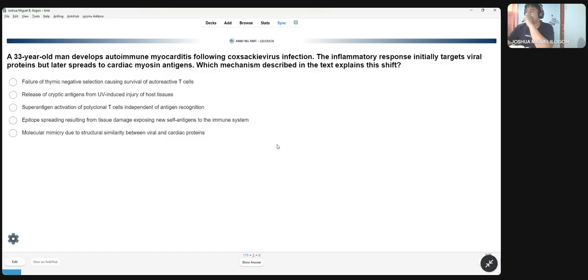It's the other way around for Graves' disease. Okay, autoimmune myocarditis, Coxsackie virus infection. If it's a virus, it's your epitopes. Yeah, epitope. If it's bacterial, it's molecular mimicry.